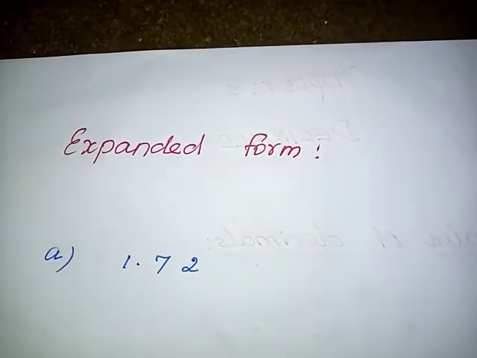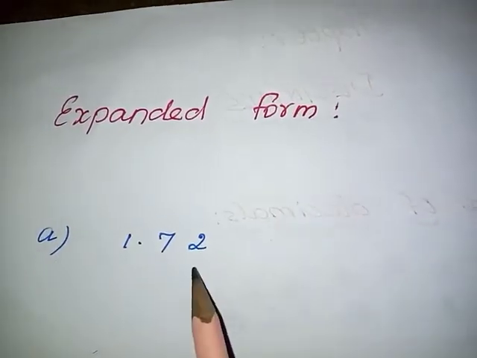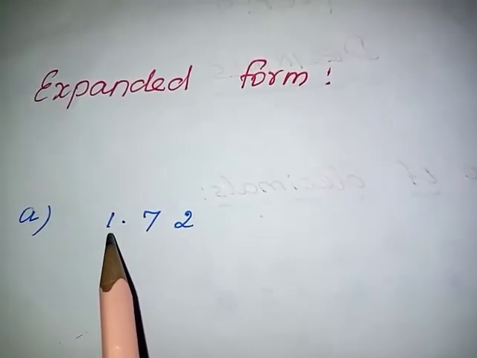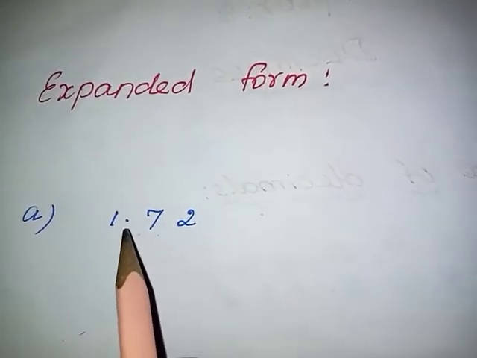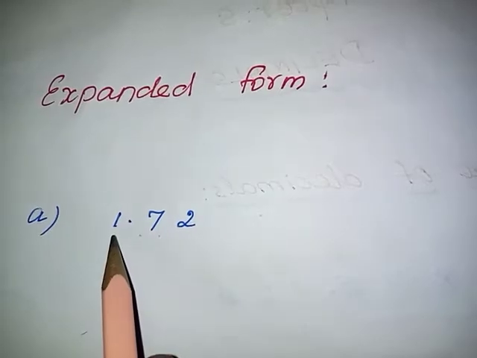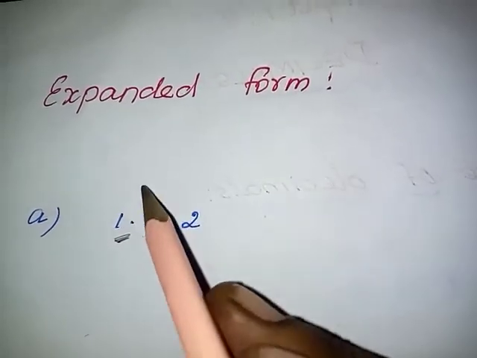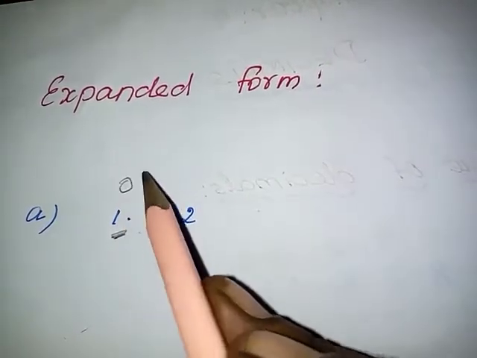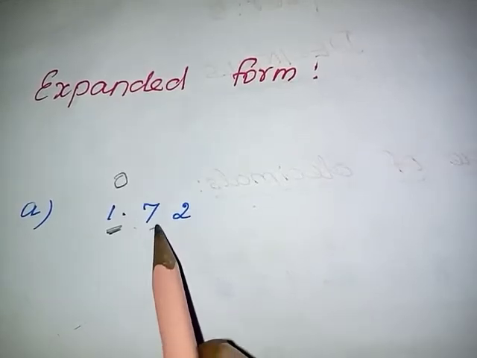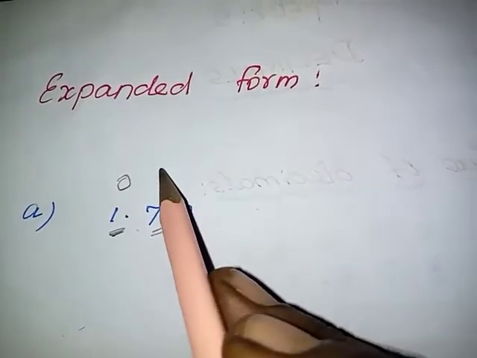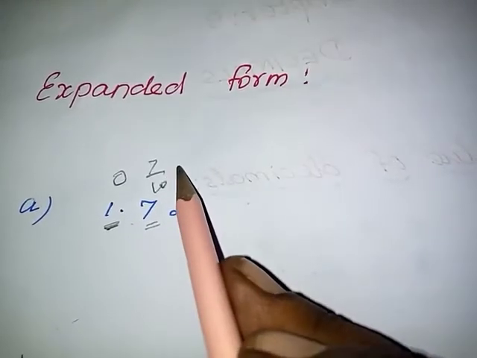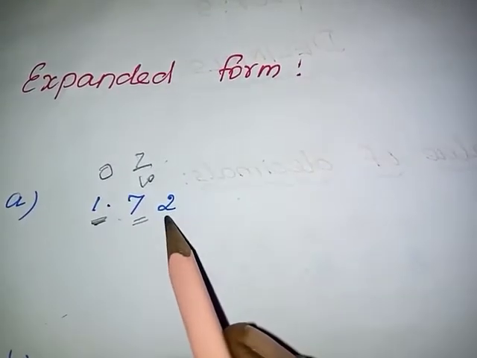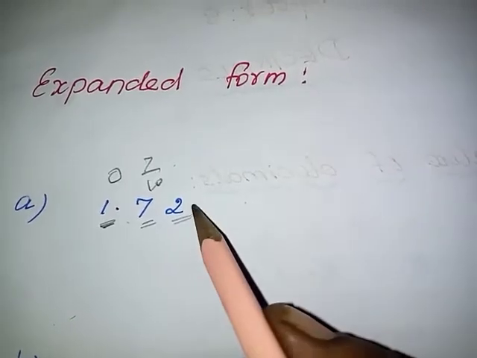Expanded form of the decimal. Consider the first sum, 1.72. In the integral part, the place value of 1 is ones. In the decimal part, the first one is 7 by 10, that is tenths. And the second one is 2.